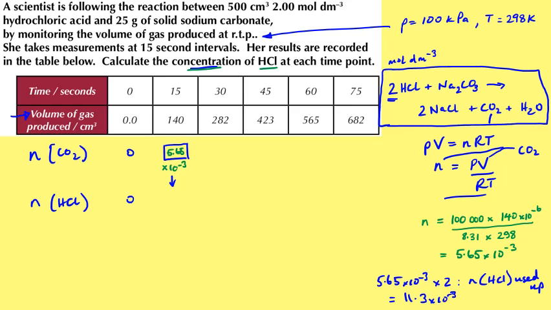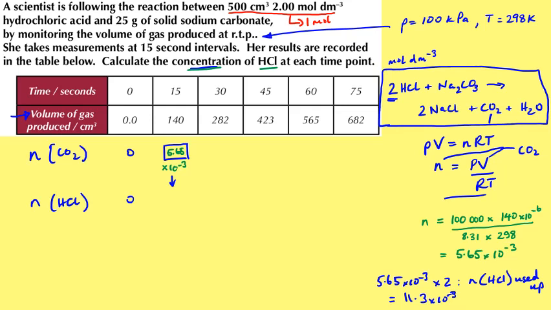But that's not the number we want yet. That's the amount of hydrochloric acid that's been used up. We want the amount of hydrochloric acid that remains. And so we have to look at this data here, because that is telling us what we started out with. So this tells us that there was 1 mole of hydrochloric acid in the reaction mixture to start with.